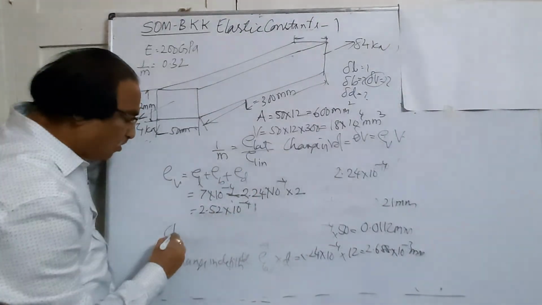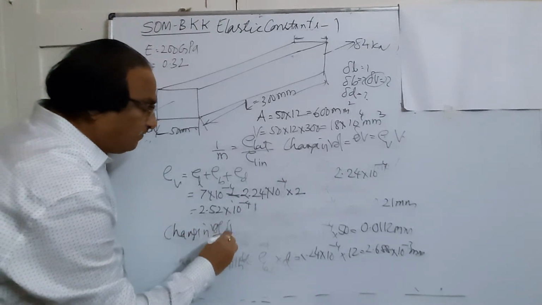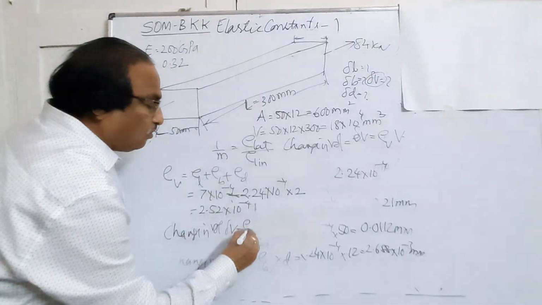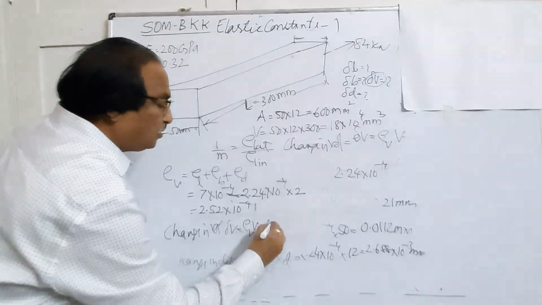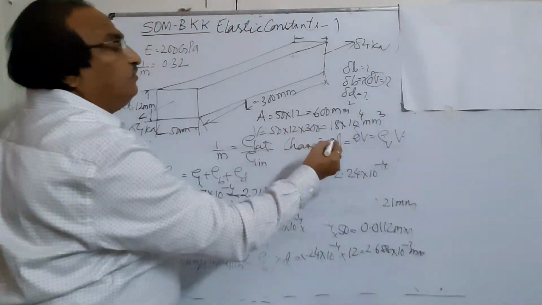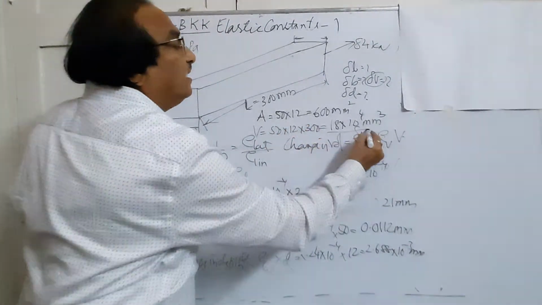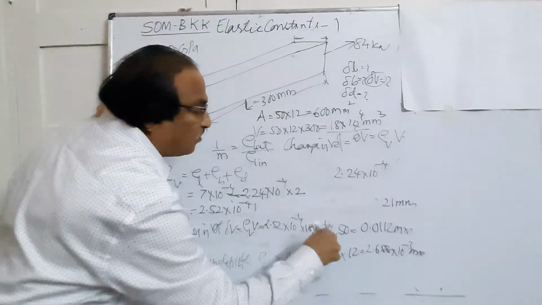So change in volume delta V is volumetric strain into original volume. Volumetric strain is 2.52 into 10 to the power of minus 4 into original volume, which we have calculated, or you can calculate here. So this is 18 into 10 to the power of 4.